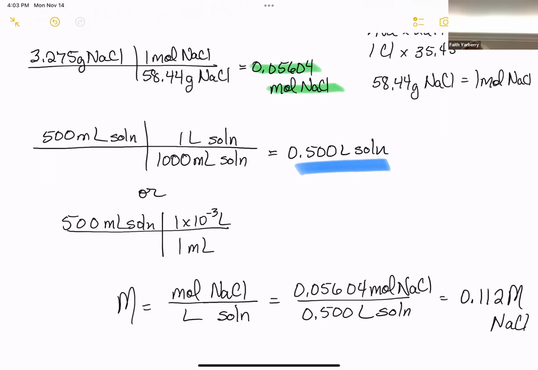Yes. Are you basing that off of significant figures in the molarity conversion or in the previous conversion? I based it off of both, because the 500 milliliters, well, I was considering 500 to be an exact number there.